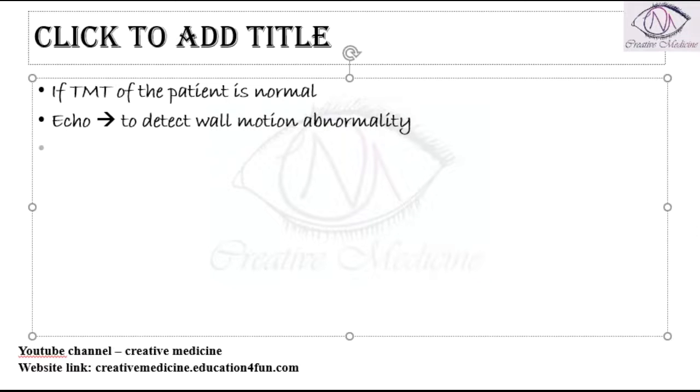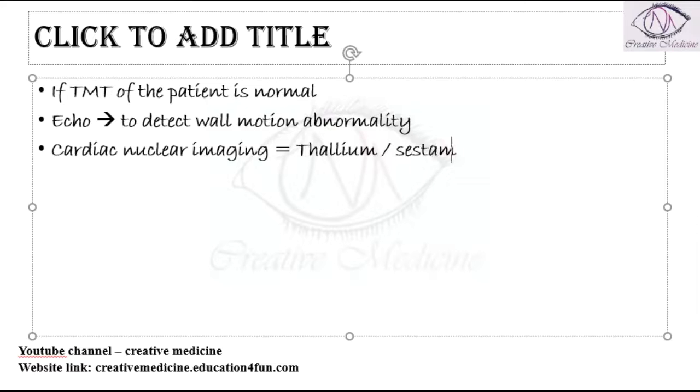So whether there is any abnormality in the movement of the wall. For that we should do an echocardiography, and cardiac nuclear imaging can also be done, using either thallium or sestamibi uptake. With the help of thallium or sestamibi uptake, we can do cardiac nuclear imaging.